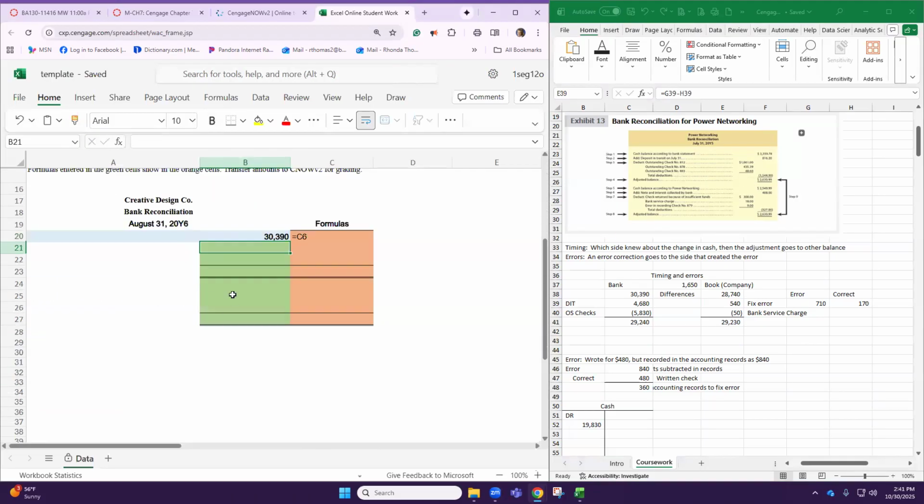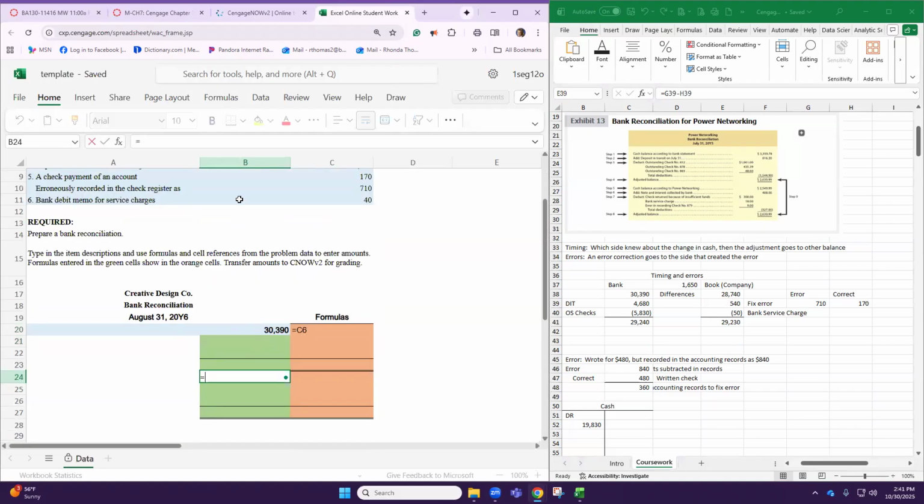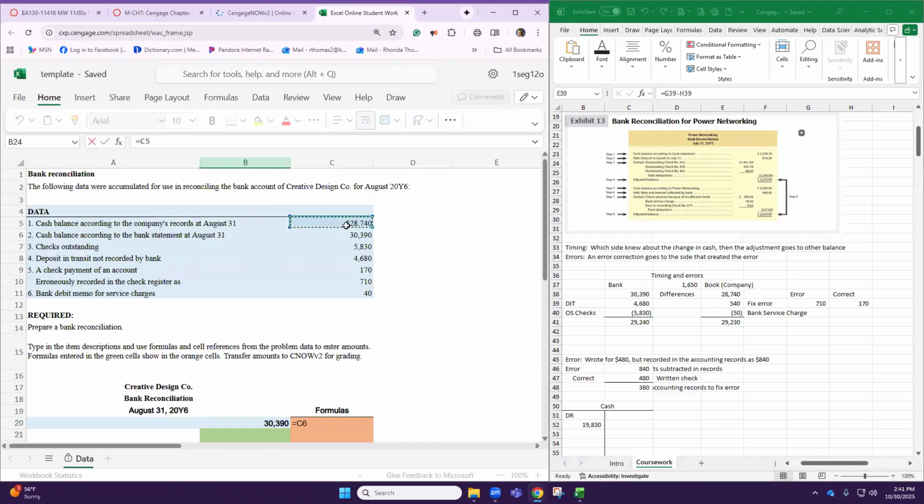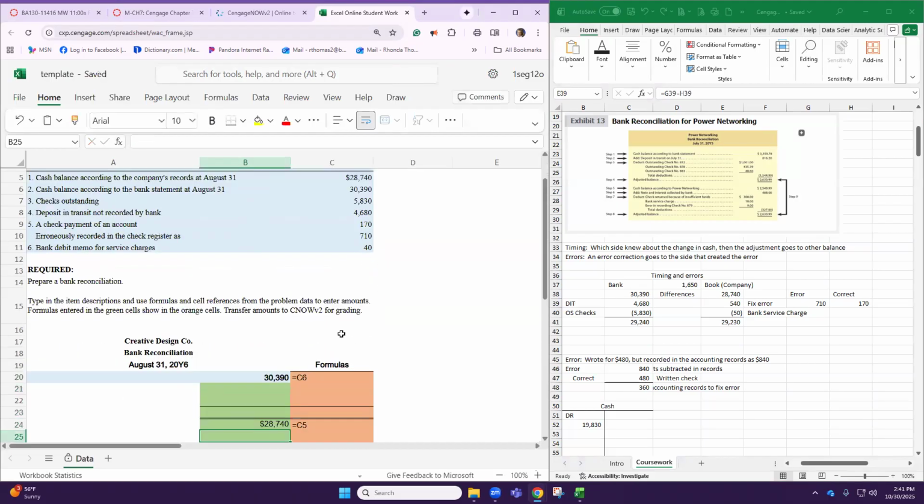And then the balance for the book is the top piece, and you just have to look and see how they've given you the information. There's no set way, and I hate to tell you this, but in the real world, there's nobody that's going to put this all in order for you. Okay, it's just not going to happen.